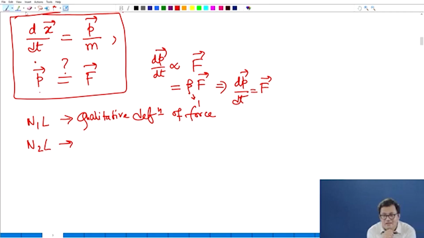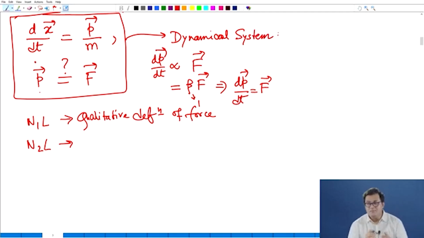These two equations are very interesting because they introduce a concept which is very general in physics and in various fields like ecology, epidemiology, biology, evolution: the dynamical system. Why is this a dynamical system? A dynamical system basically consists of two things.